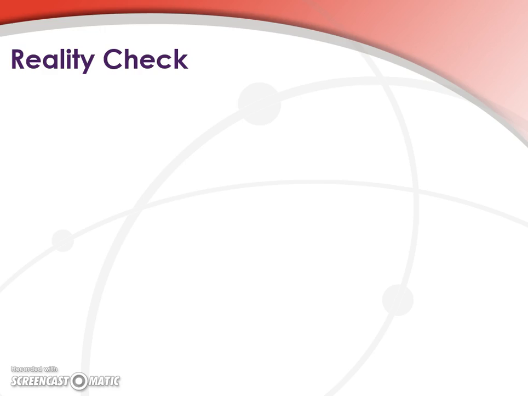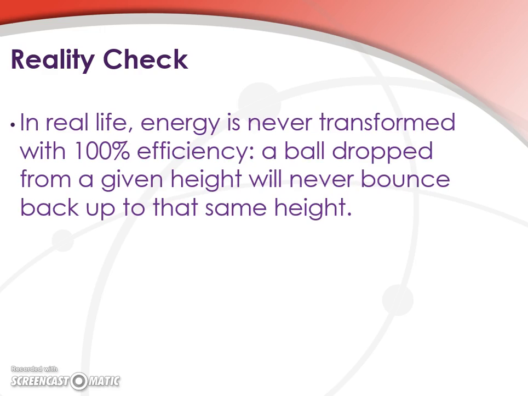Okay, one thing worth noting is that I described the idea of a ball bouncing back up to the same height it started at. And I described the concept of the kinetic energy being identical when just before the ball hits the ground when we drop it, the kinetic energy being the same as the gravitational potential energy was just before we dropped it. In real life, the energy is never transformed with 100% efficiency.